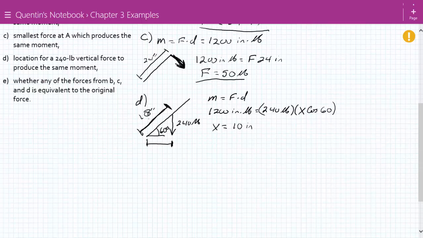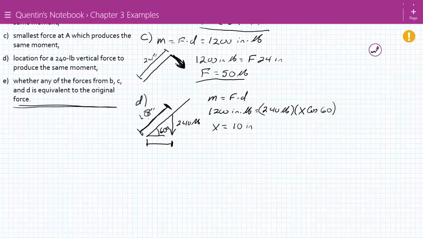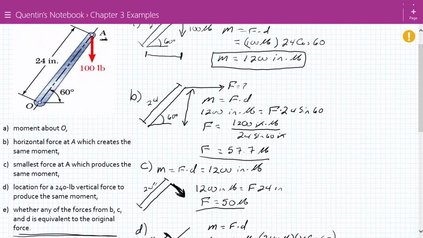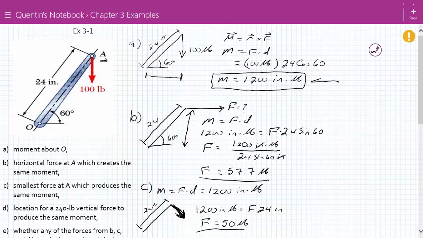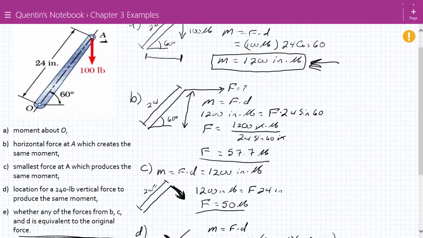Okay, the last question is whether any of the forces from B, C, and D are equivalent to the original force. What does it take for a force to be equivalent? Well, for a force to be equivalent, you have to have the same tendency to translate and the same tendency to rotate. Here, the original has 1,200 inch-pounds inclination to rotate.